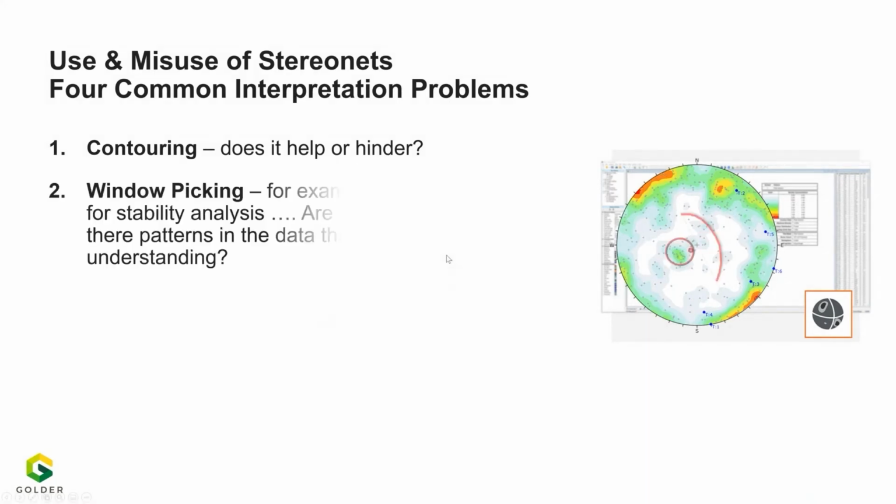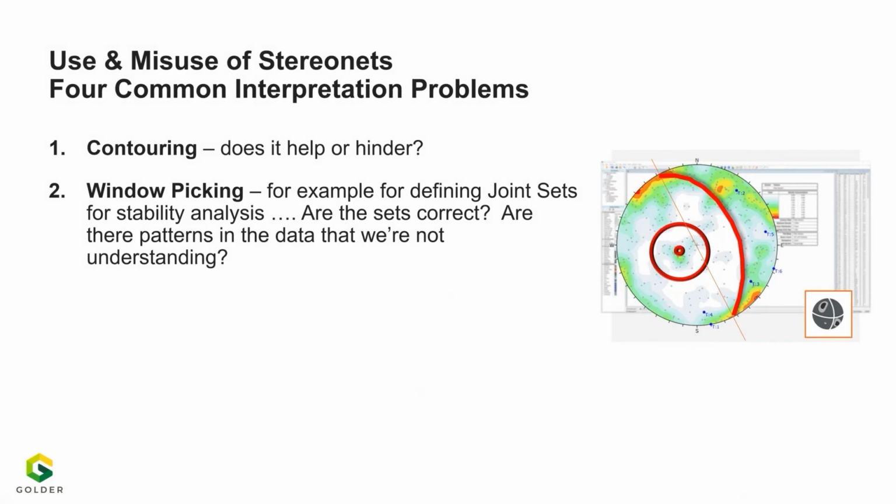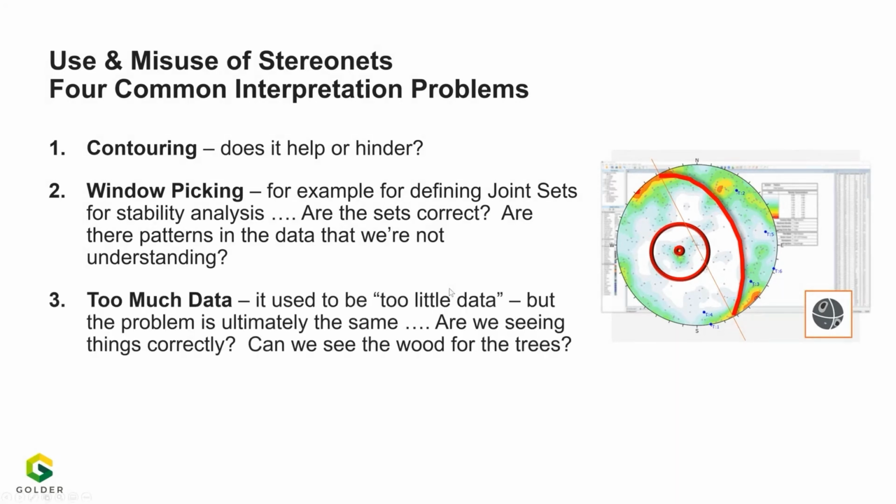And when we look at our pole concentrations, we need to understand what the real data is. So looking at just the contours is an issue. Sometimes we have too much data, as we've been just looking at, and those are major problems. To look for the wood within the trees, we are looking for the rogue poles, and they often get hidden.